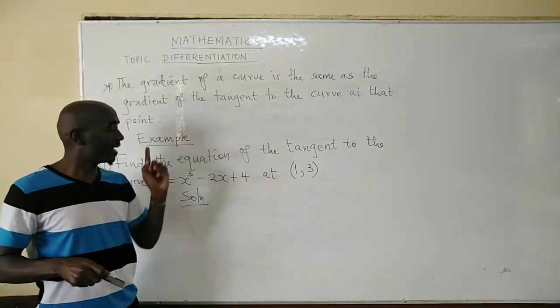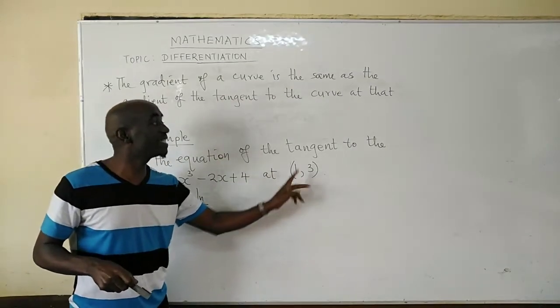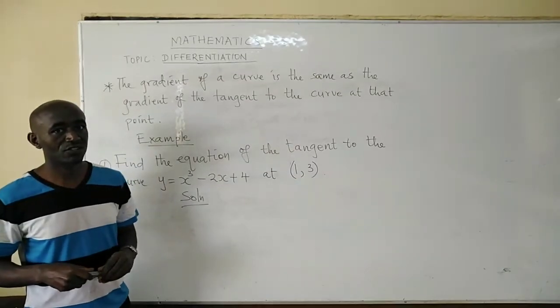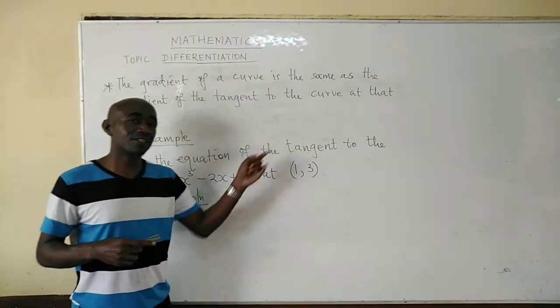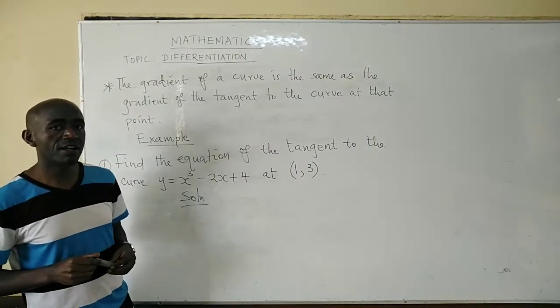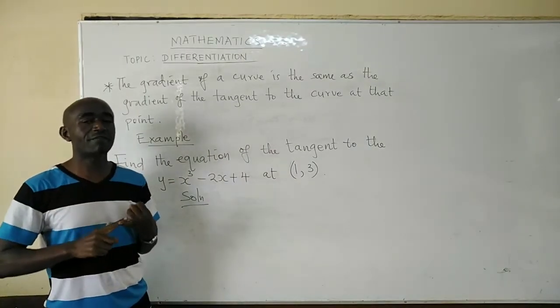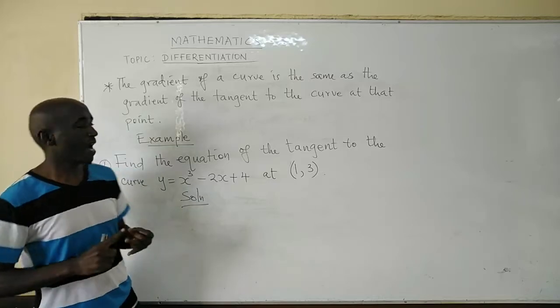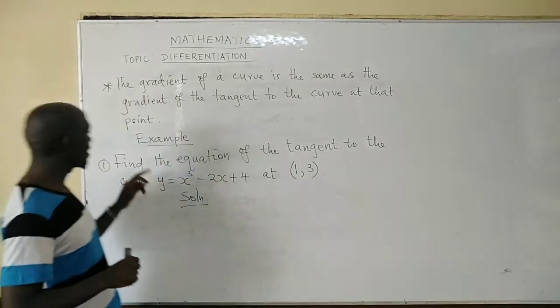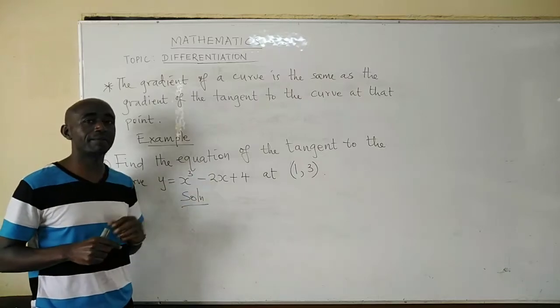And remember, that gradient at that point is the same as the gradient of the tangent. After getting the gradient of the tangent, since the tangent is a straight line, if you have been given the gradient and you know a point on that line, you should be able to get the equation of the line.